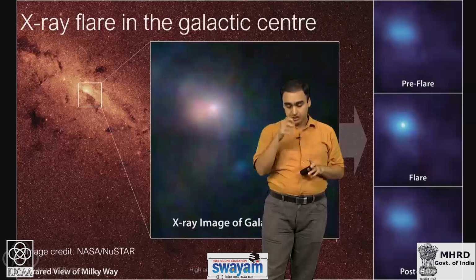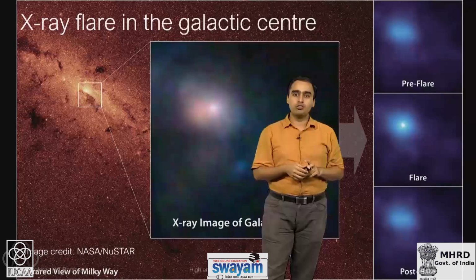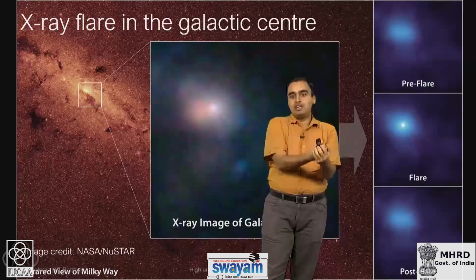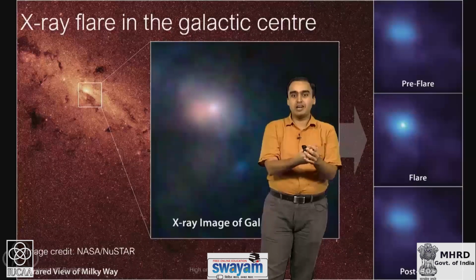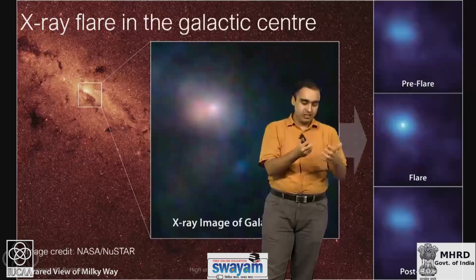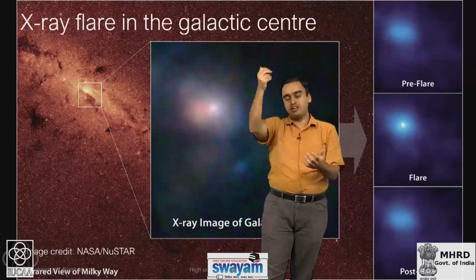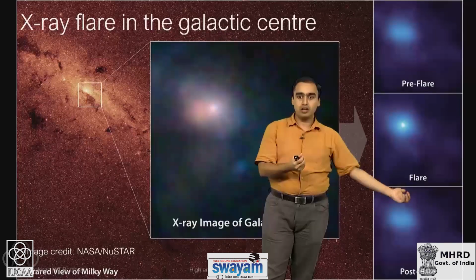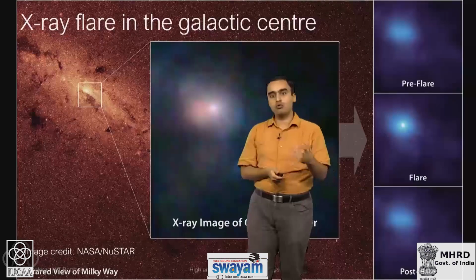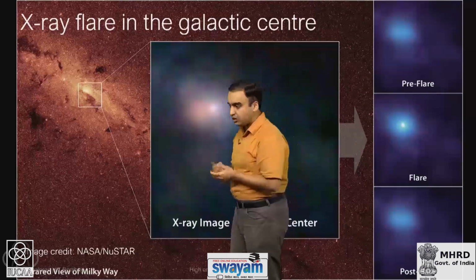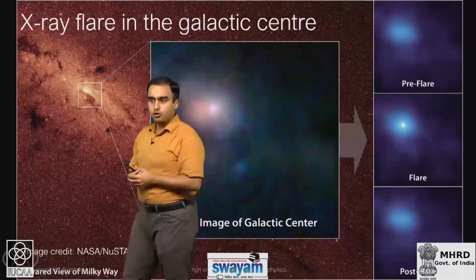One possibility is that the amount of mass needed to do this is roughly the size of an asteroid. So, if an asteroid fell in, you could think of it as our galaxy snacking on asteroids essentially. That extra energy was suddenly released as a large burst of hard X-rays, and then at the bottom here you can see that the source went back to quiescence.